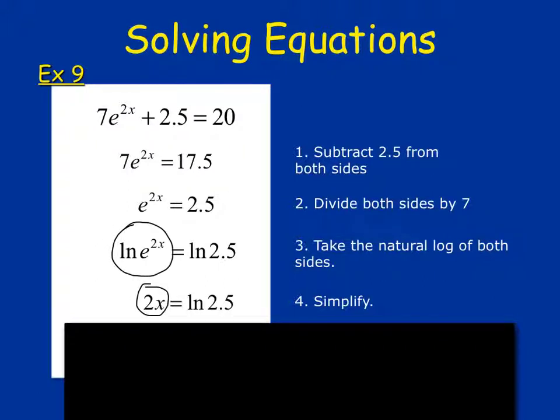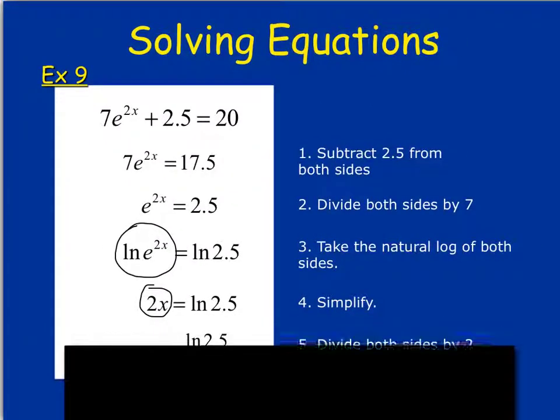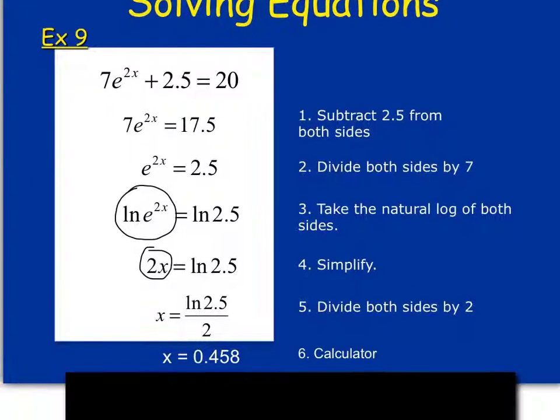And now we can solve this. And we end up with x equal to the natural log of 22.5 divided by 2, and there you go. Okay? And then you would do this on your calculator and get that expression. Alright, so that would be how you'd solve this equation.